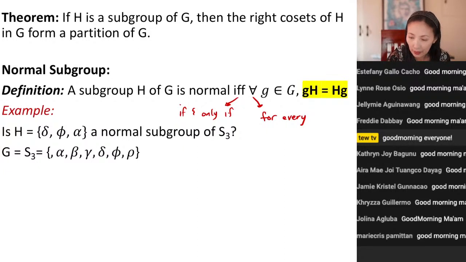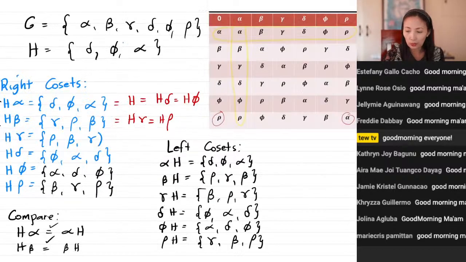Going back, let's answer this question now. Is H, whose elements are delta, alpha, and phi, a normal subgroup of S3? Let's go back to our solution a while ago. What is the condition for being a normal subgroup? gH equals Hg.